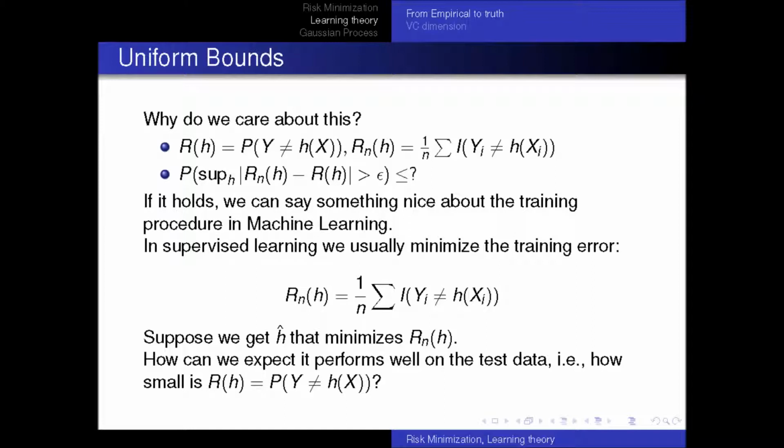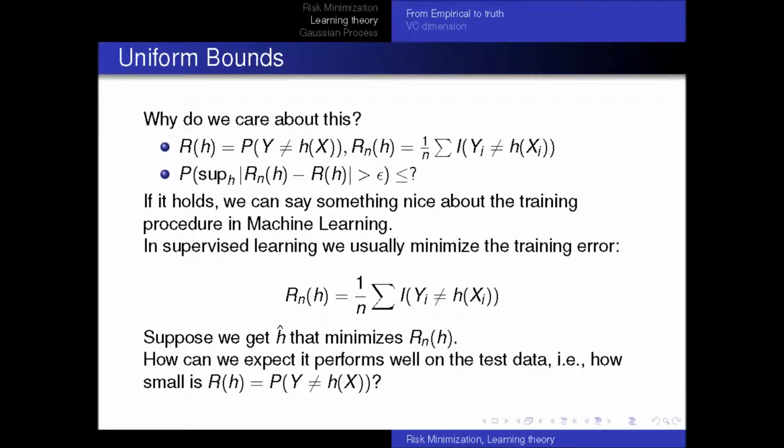So let R(h) be the probability of y not equal to h(x). This is the true error, so this is error on the test data. And let Rn(h) be the fraction of yi not equal to h(xi) on the training data. So this is something we want to minimize when we do the training procedure.